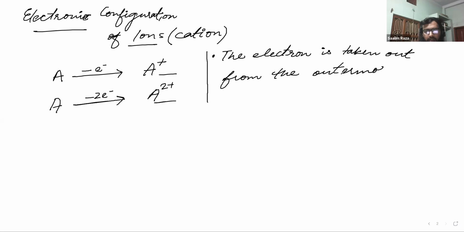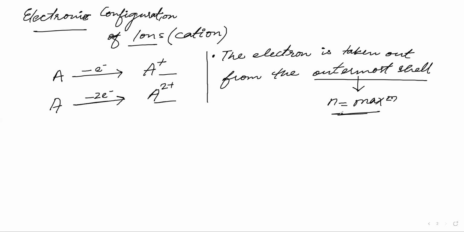Outermost shell. And how will we define this outermost shell? How will we recognize it? N will be maximum, right? The shell whose N, that is the principal quantum number, is maximum, the electron from that shell will be taken out.